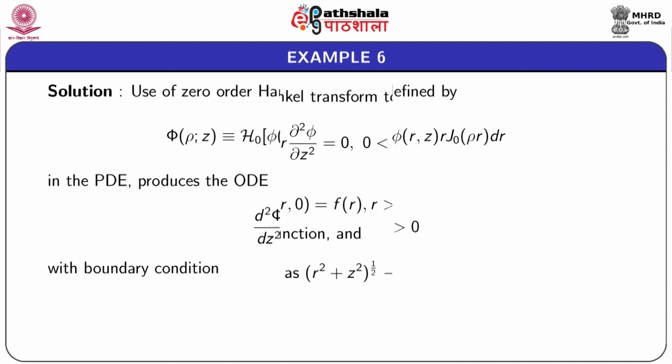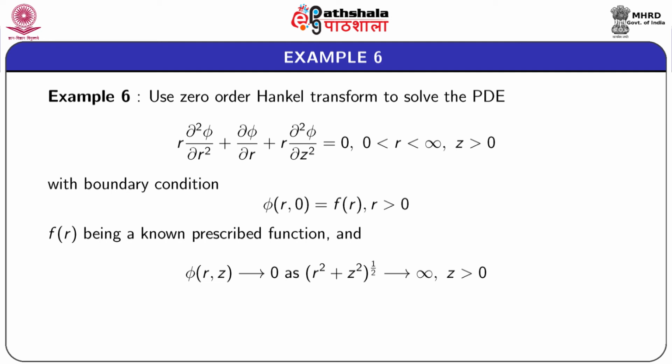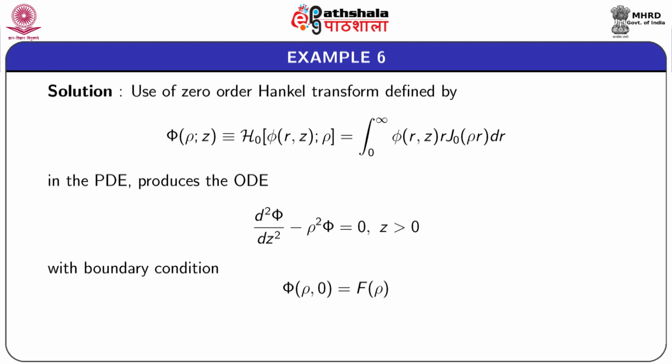And also we multiply this boundary condition on both sides by r J naught rho r and integrate with respect to r from 0 to infinity to see that it gives capital phi at z equal to 0 is capital F of rho, where capital F of rho is the Hankel transform of order 0 of the function small f of r.